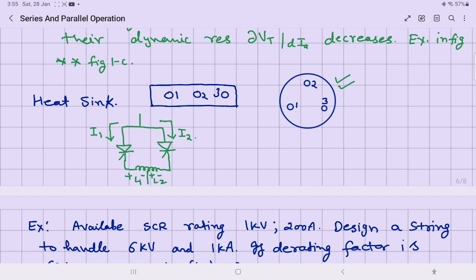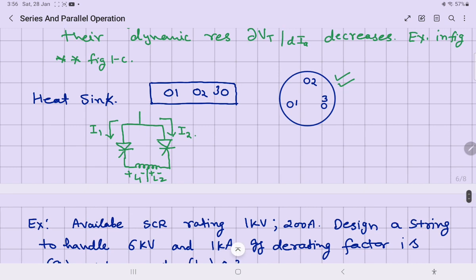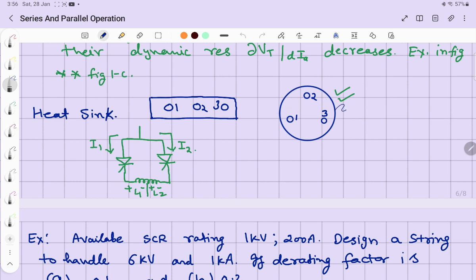This heat sink has to be circular, and if there are three phases, each device has to be mounted at an equilateral angle, in an equilateral triangle, so heat is equally distributed. Another way is to connect one interface reactor.